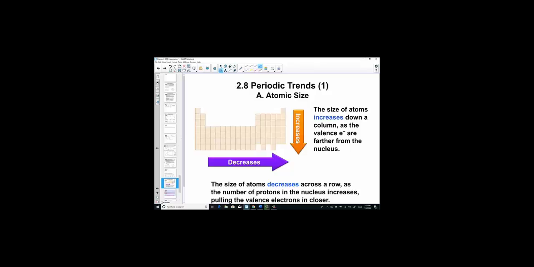The atomic size. The size of atoms increases as you go down a column as the valence electrons are farther and farther from the nucleus. As I go down the column, n equals 1, n equals 2, n equals 3, n equals 4. I'm adding shells as you go down the column, therefore atoms get bigger.